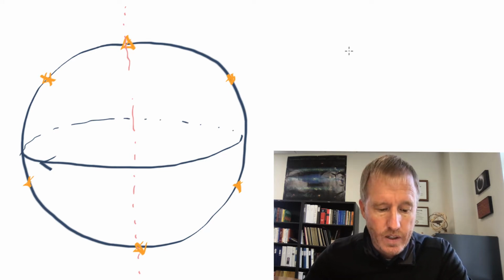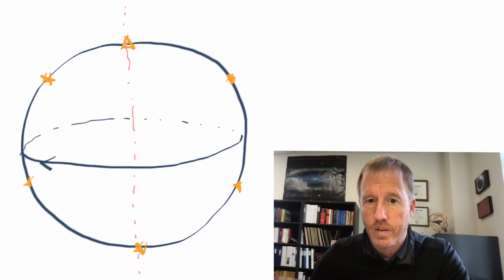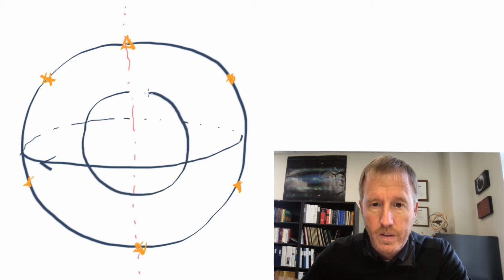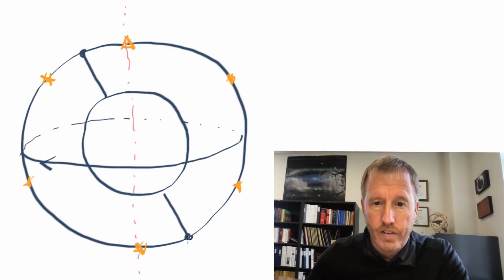And now, let's draw another sphere on the inside of it. You'll see why I'm doing this in a moment. This sphere is attached to the outer sphere via this axle right here.